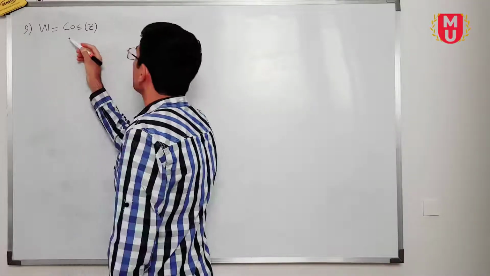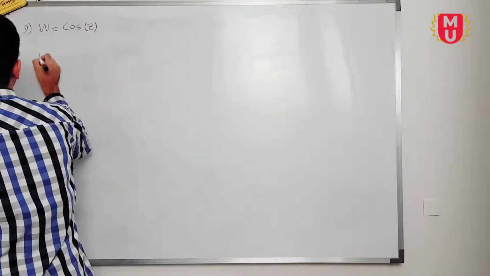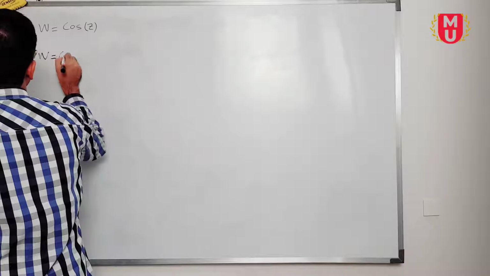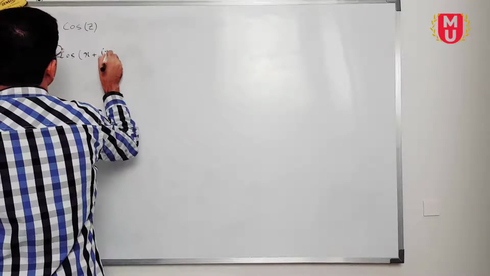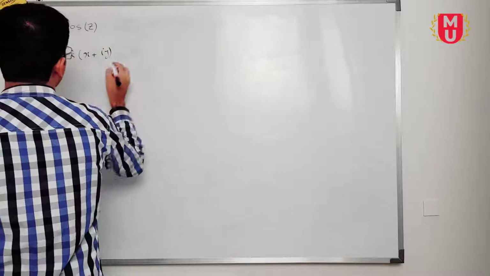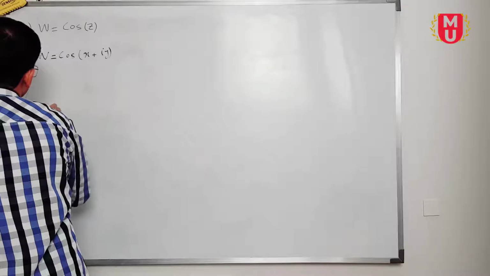The last mapping function is cosine z. We can open it up like this. w equals cosine of x plus iy. And we can be straightforward like this.